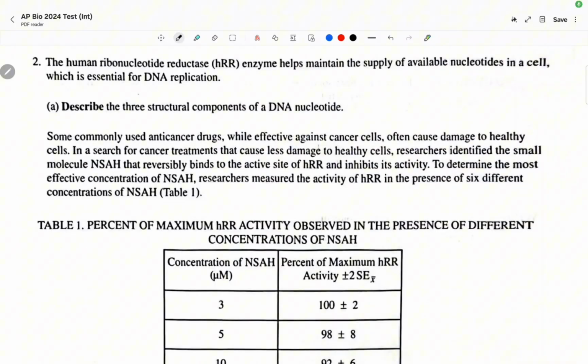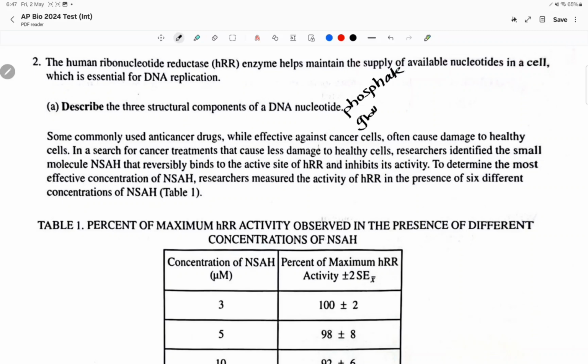Human ribonucleotide reductase HRR enzyme helps maintain the supply of available nucleotides in a cell, which is essential for DNA replication. A. Describe the three structural components of a DNA nucleotide. What do you guys think? The phosphate, 5-carbon sugar, the nitrogen bases.